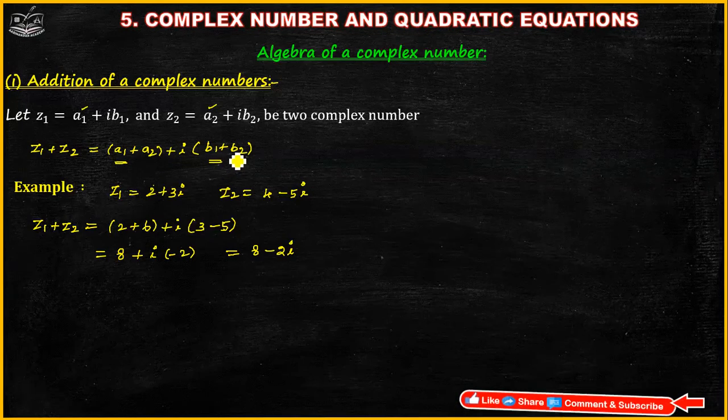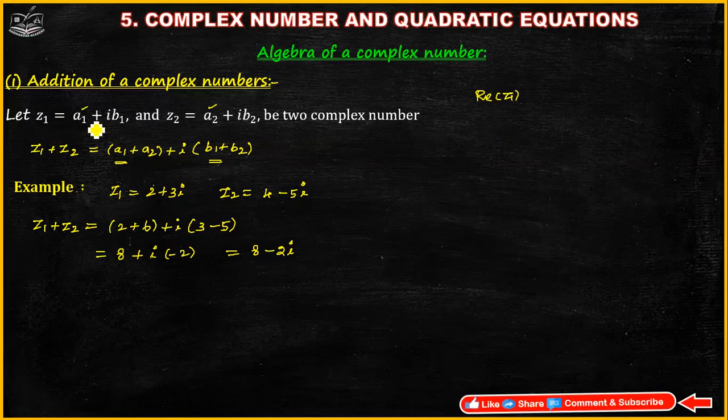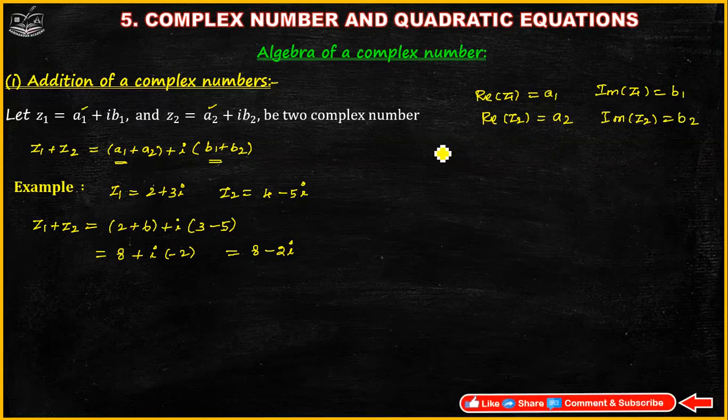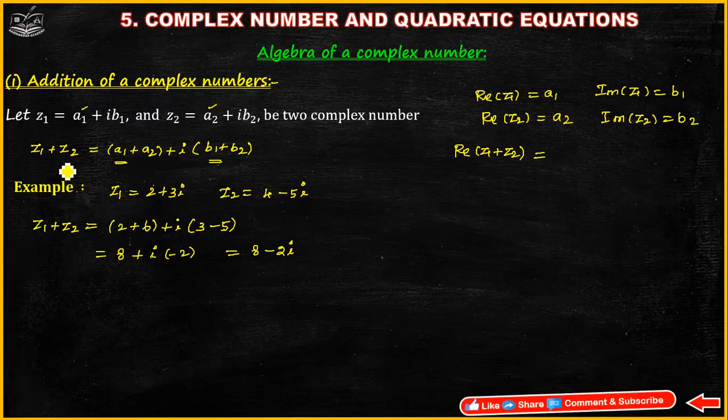Yes, clear? Now, an important result from this. What is the real part of z1? z1 is equal to a1 plus i b1, so the real part of z1 is a1. The real part of z2 is a2. Similarly, the imaginary part of z1 is b1, and the imaginary part of z2 is b2. Now the real part of z1 plus z2 is a1 plus a2.